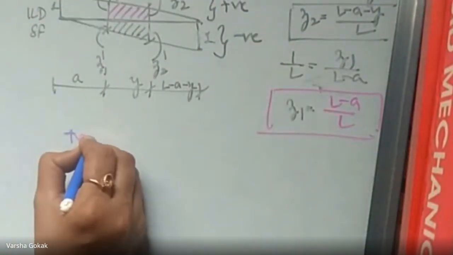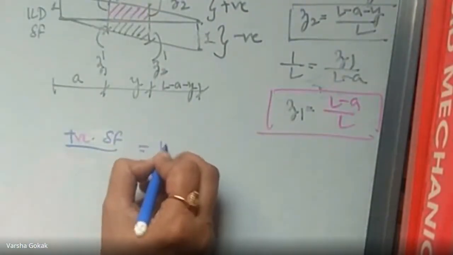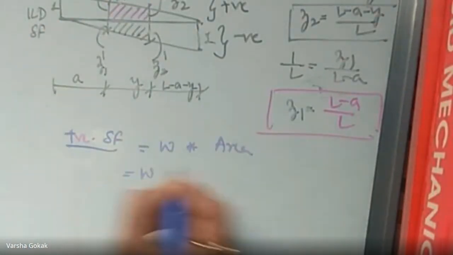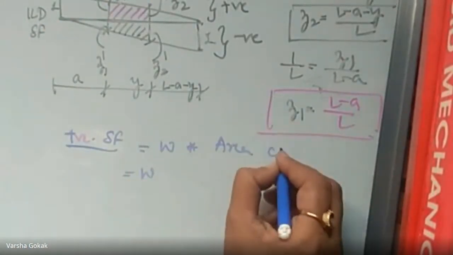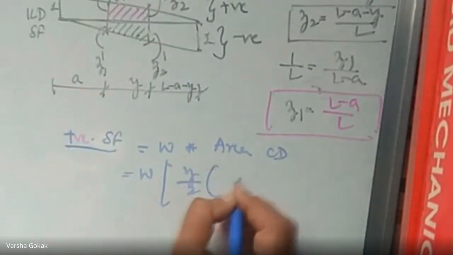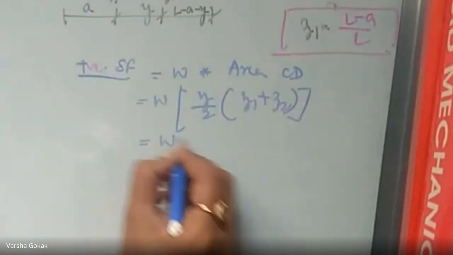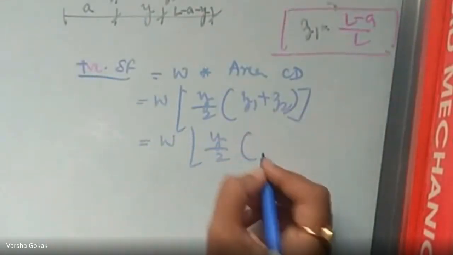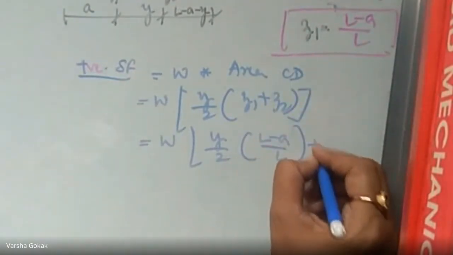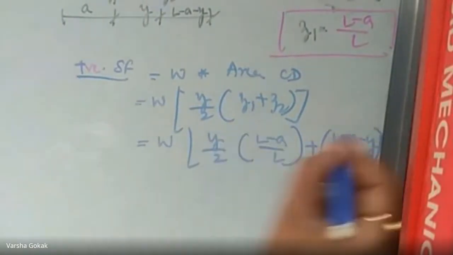So the maximum positive shear force when the load is placed in this pattern is given by load into the area that is coming between that. So load into area between C and D. W is the load. Area is going to be Y by 2 into (Z1 plus Z2). So W into Y by 2. What is Z1 and Z2 here? Z1 is (L minus A) by L, and Z2 is (L minus A minus Y) by L, right?